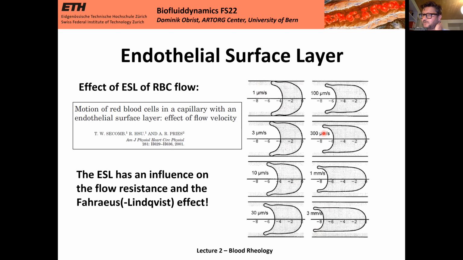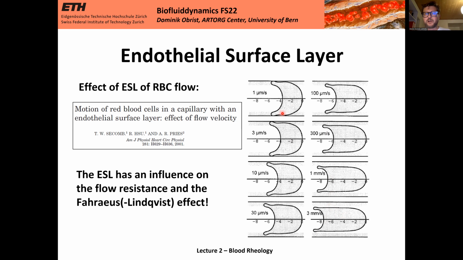So the dynamics of the endothelial surface layer has again an effect on the resistance, which is directly coupled to the velocity. So what does this mean for the apparent viscosity? The apparent viscosity is not only a function of the vessel diameter, it's also a function of the velocity itself. Faster moving red blood cells, or higher blood flow velocities, will lead to slightly lower apparent viscosity because the red blood cells are sliding on top of the layer.